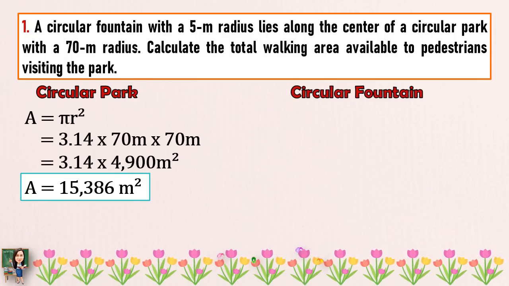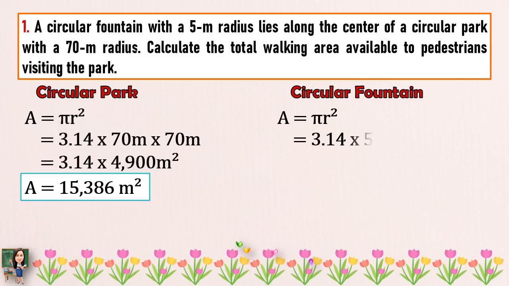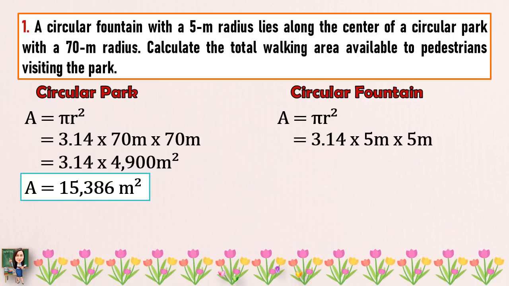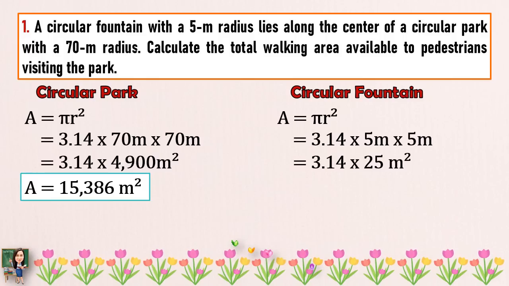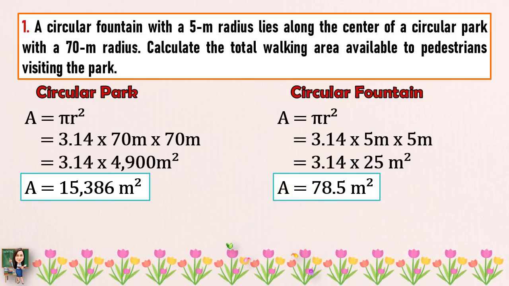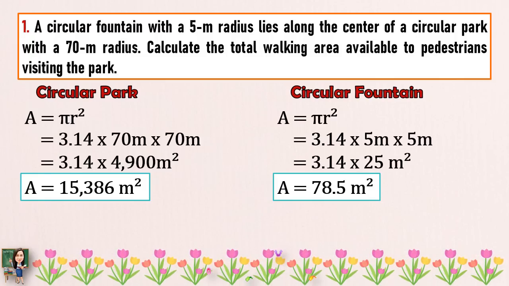Then the circular fountain. A equals pi r square, or 3.14 times 5 meters times 5 meters. 5 times 5 equals 25 square meters. Multiply by 3.14. The area is 78.5 square meters. So this is the area of a circular fountain.